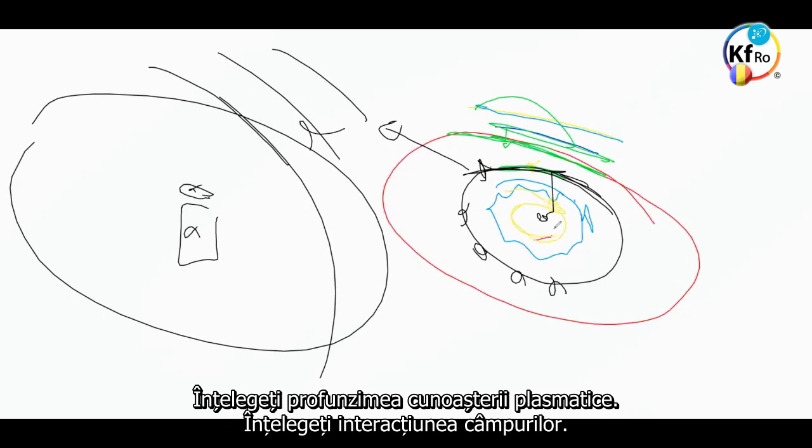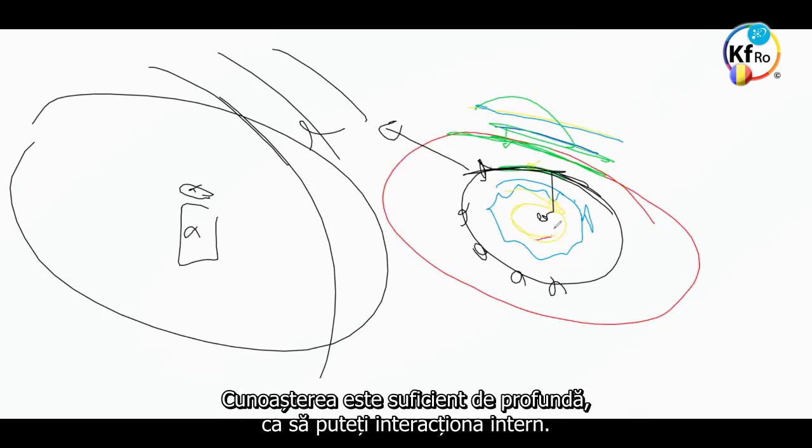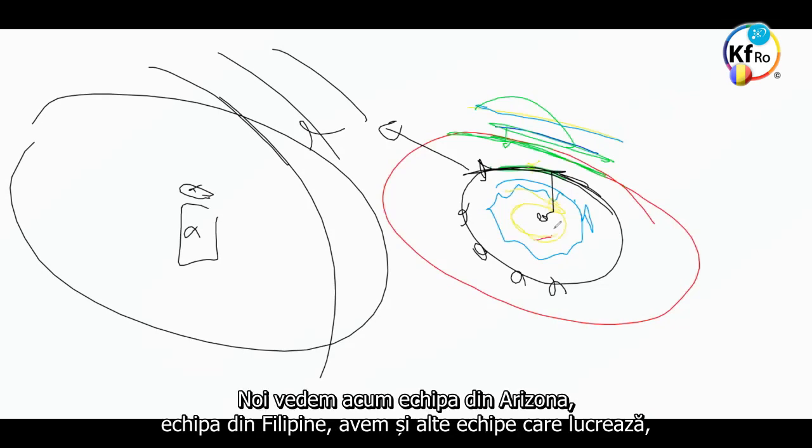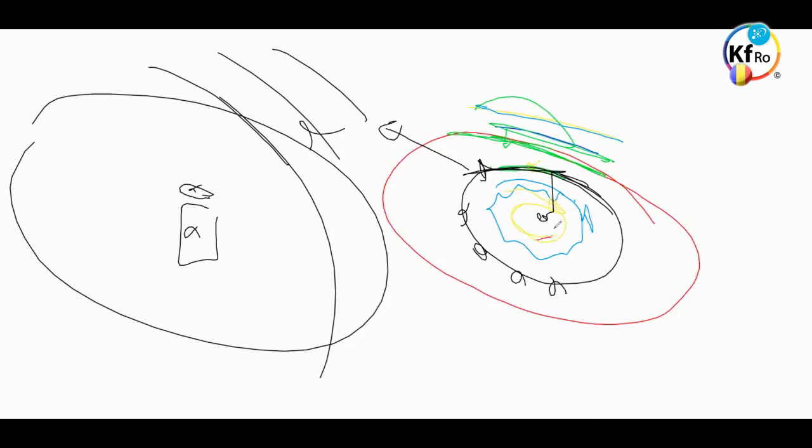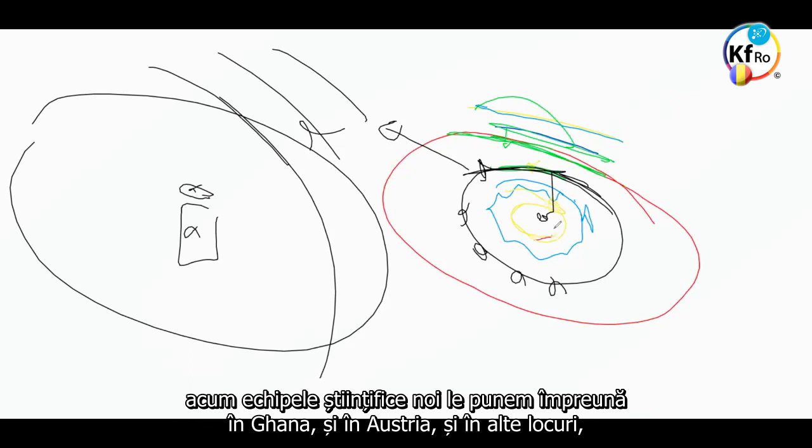Understand the depth of the knowledge of the plasma. Understand the interaction of the fields. The knowledge is deep enough that it can interact internally. We see now the team in Arizona, the team in Philippines. We have other teams which are working now, scientific teams we put together in Ghana and in Austria and other places.